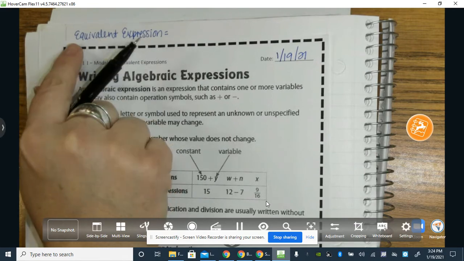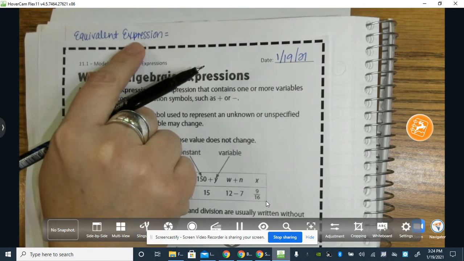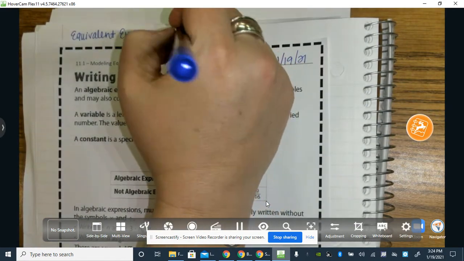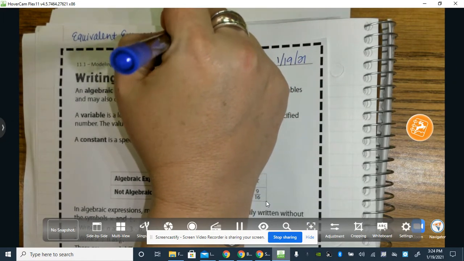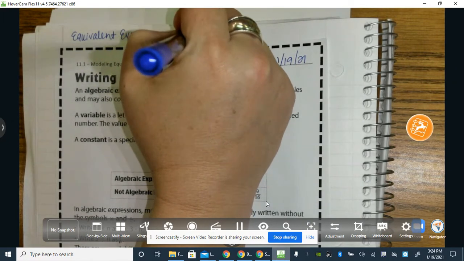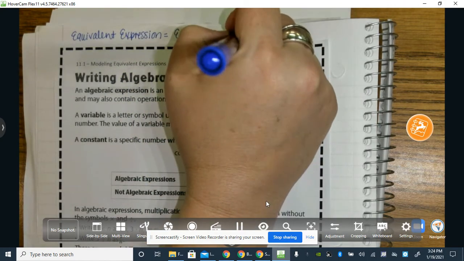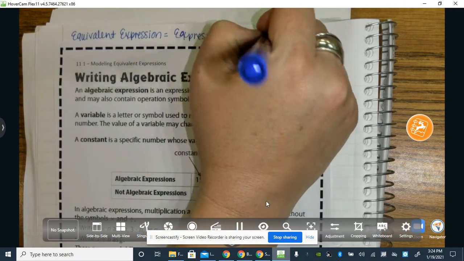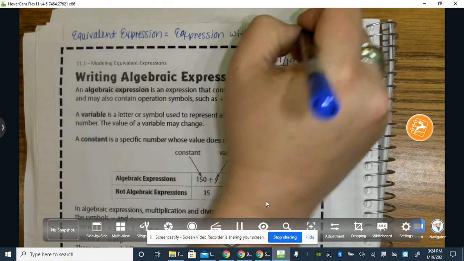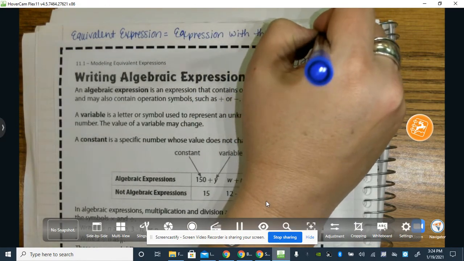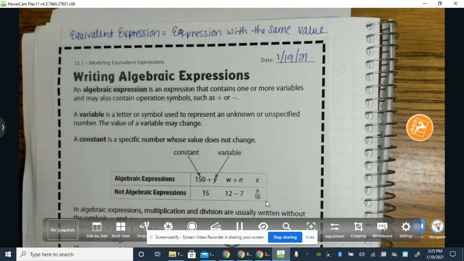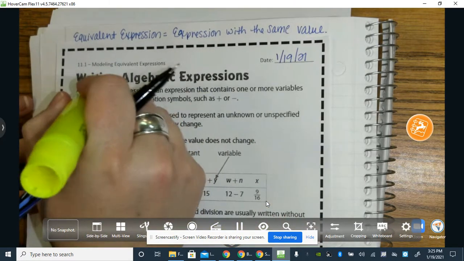Okay, equivalent means equal. So when we're talking about equivalent expressions, these are expressions that have the same value. Okay. So equivalent expressions are expressions with the same value. Key little note there.